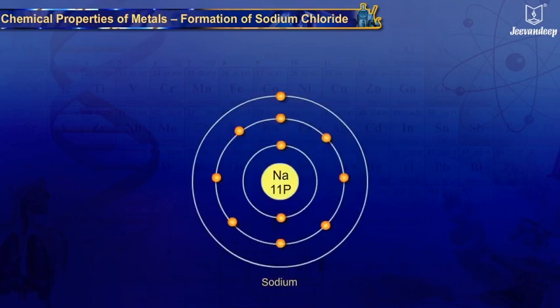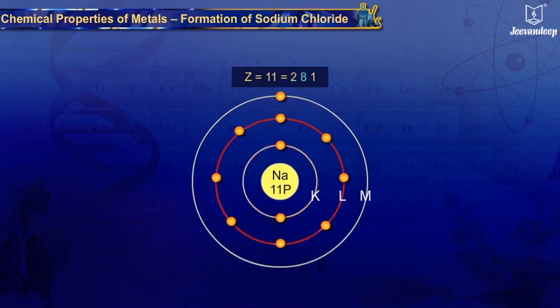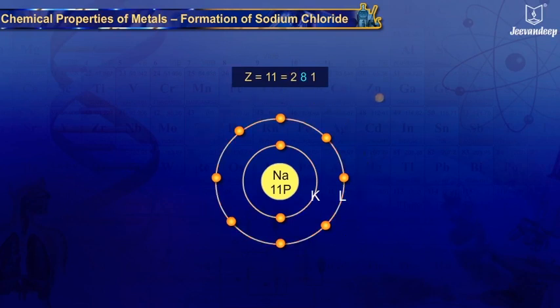Atomic number of sodium is 11, that is, 11 protons in the nucleus and 11 electrons in the surrounding shells, K, L, M. Therefore, its electronic configuration is 2, 8, 1. Sodium can thus acquire stable configuration of 2, 8 by giving away 1 electron.